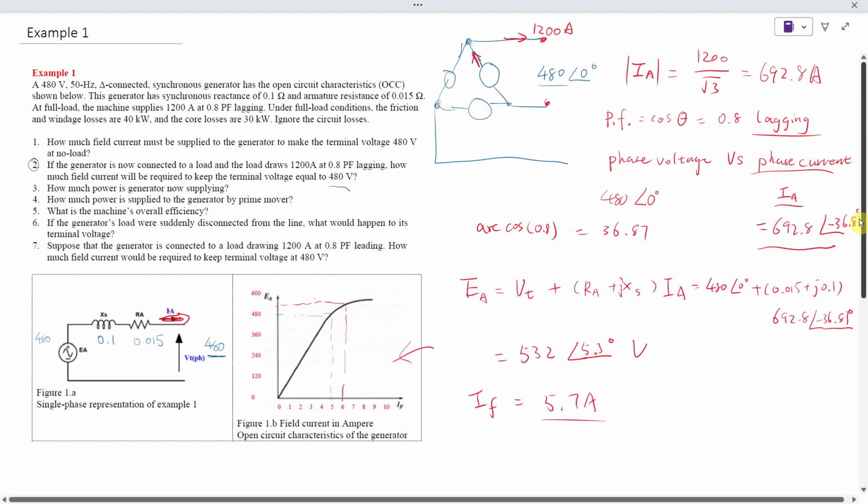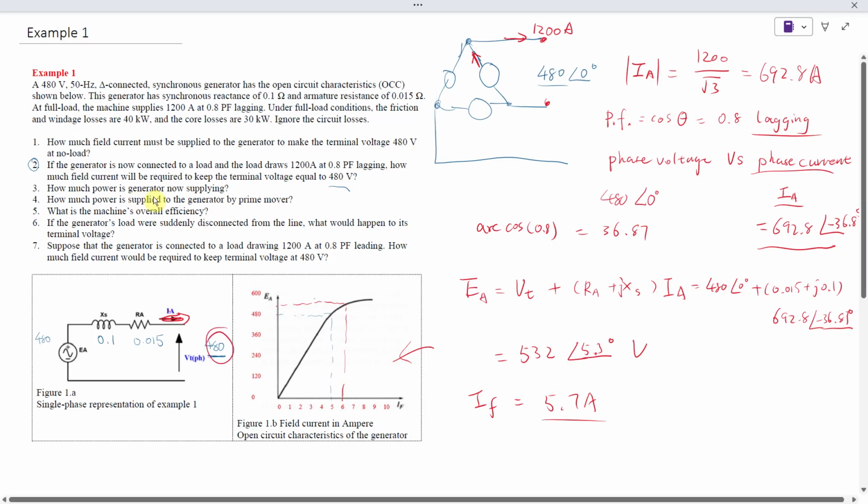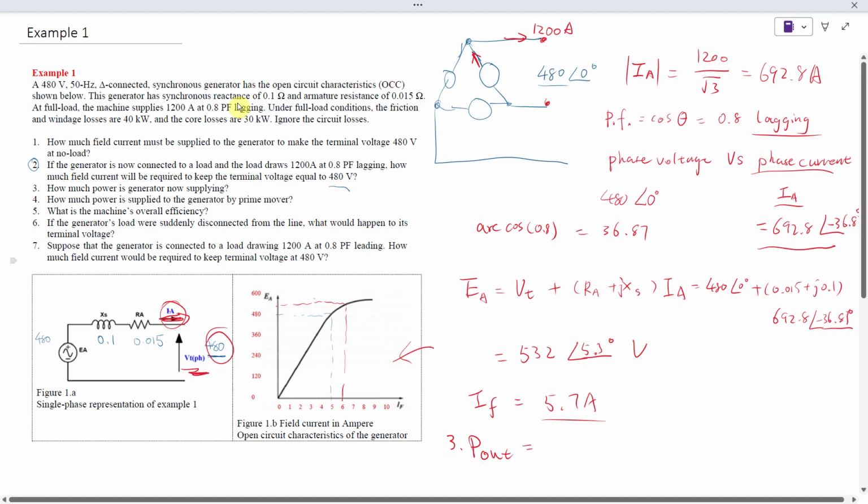Okay. All right, so next part, how much power is the generator now supplying? We have this amount of voltage there, right? So the third one is P out. This is output power, going to equal the voltage here multiplied by the current here, right?